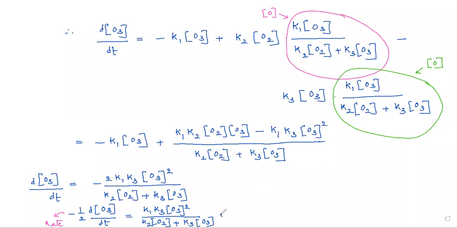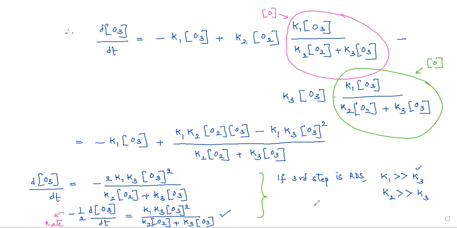Now let me give you two more important points. Point number 1, because they have not mentioned the rate determining step, supposing the third step is the rate determining step, then these are going to be the rate constants. K3 will be much less than K1, and similarly much less than K2 also, if the third step is rate determining.